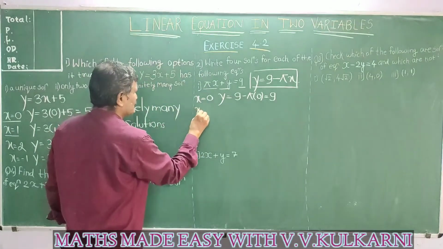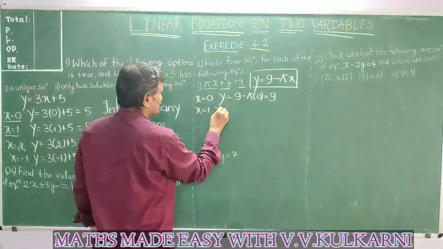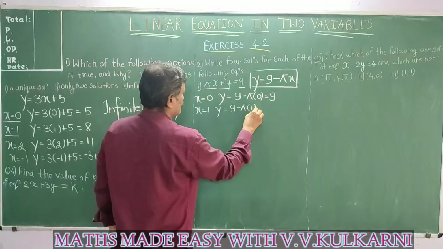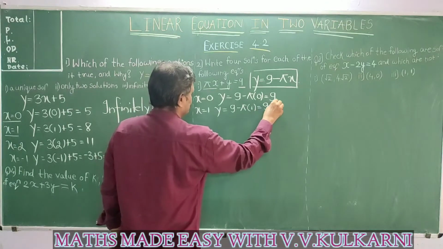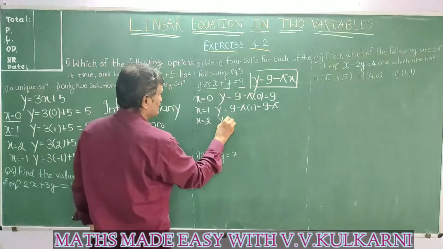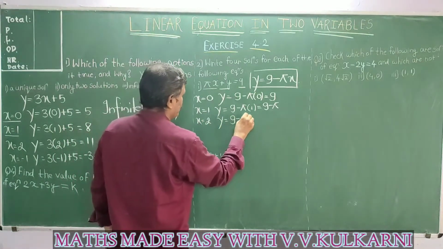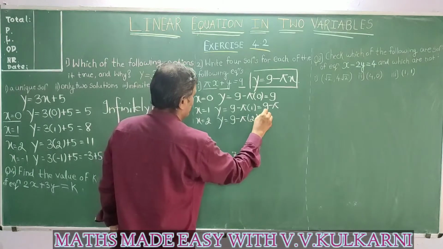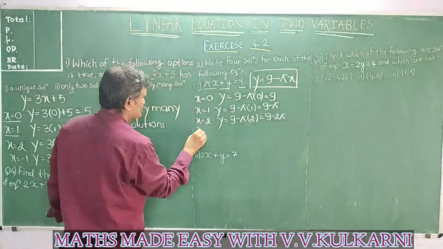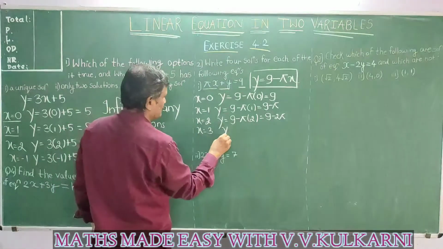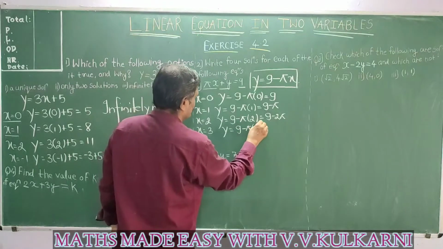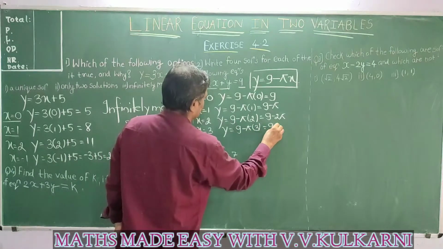Suppose I take x = 1, then y = 9 minus pi into 1, that is 9 minus pi. Suppose you take x = 2, then y = 9 minus pi into 2, that is 9 minus 2 pi. Suppose I take x = 3, then y = 9 minus pi into 3, that is 9 minus 3 pi.